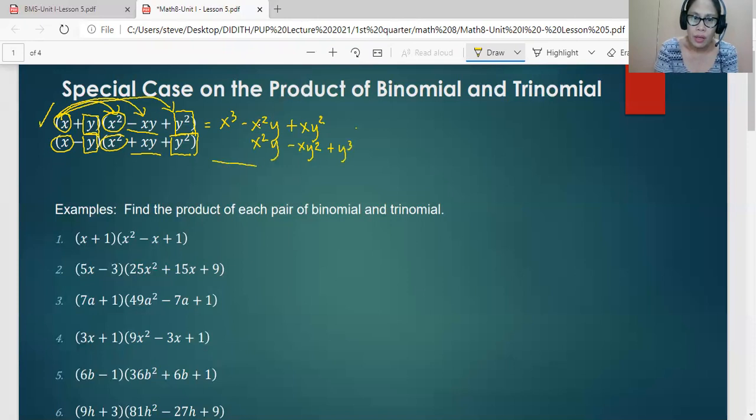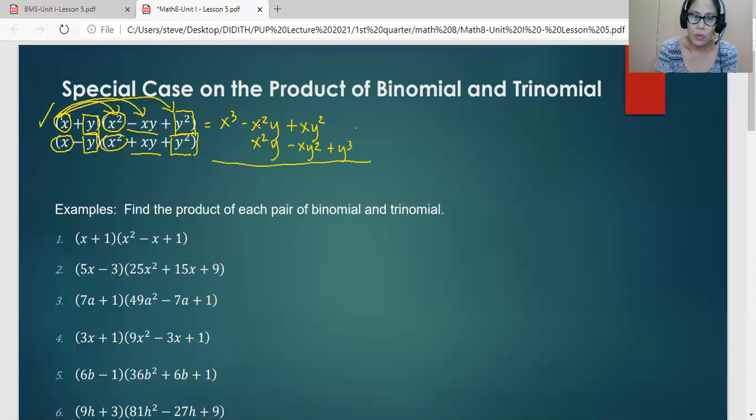And then combining like terms will bring down x cubed. Take note that the middle terms are cancelled. So we have only x cubed plus y cubed.